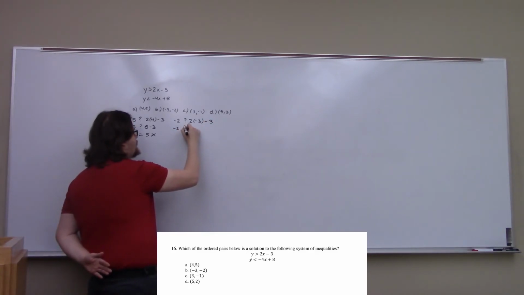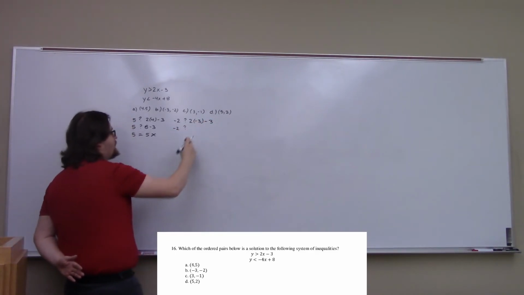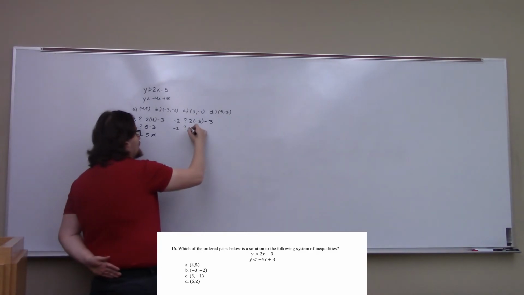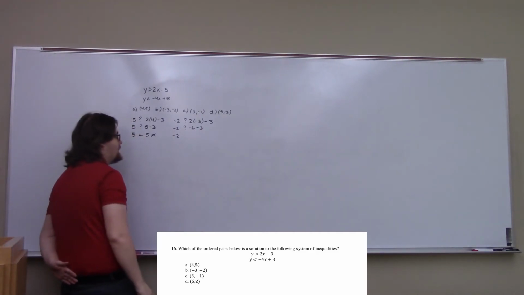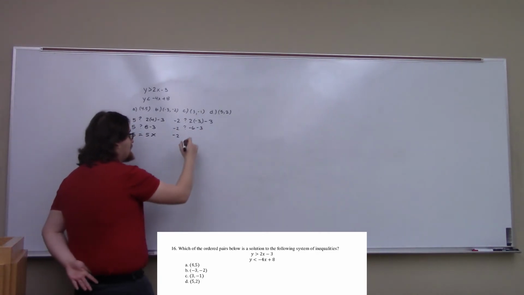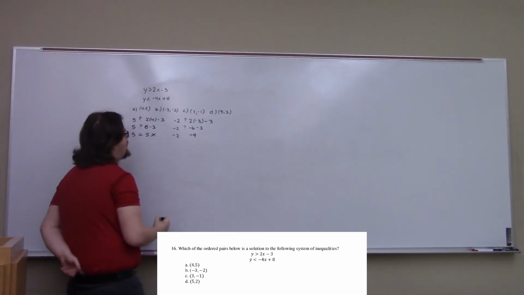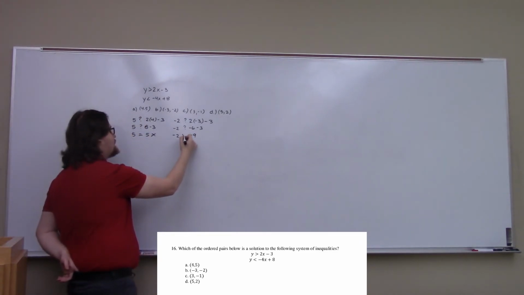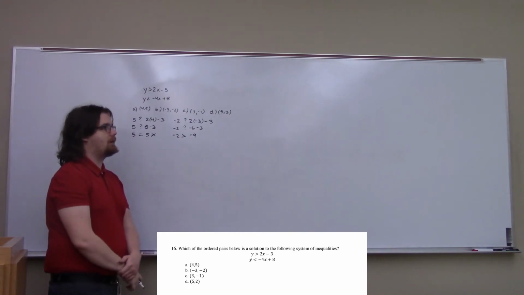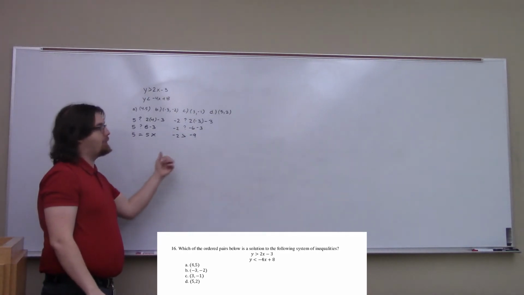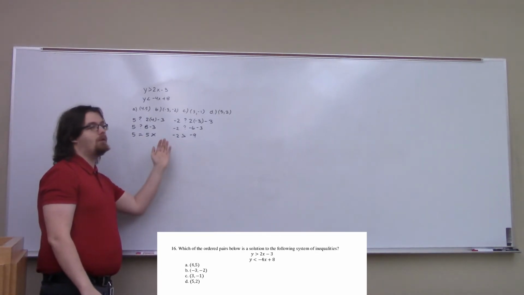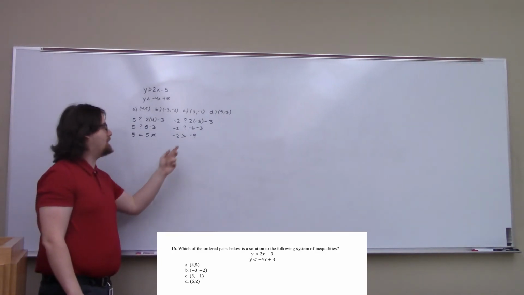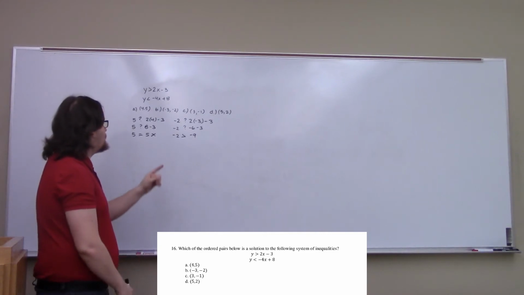Simplifying, we have -2, and then we have 2 times -3 is -6 minus 3, and we have -2 again, and then on the right side, we have -6 minus 3, the -9. We can say that -2 is greater than -9. Now this might be confusing. You say 9 is bigger than 2, but it's a negative number, so -2 is more positive than -9. So this one holds up.